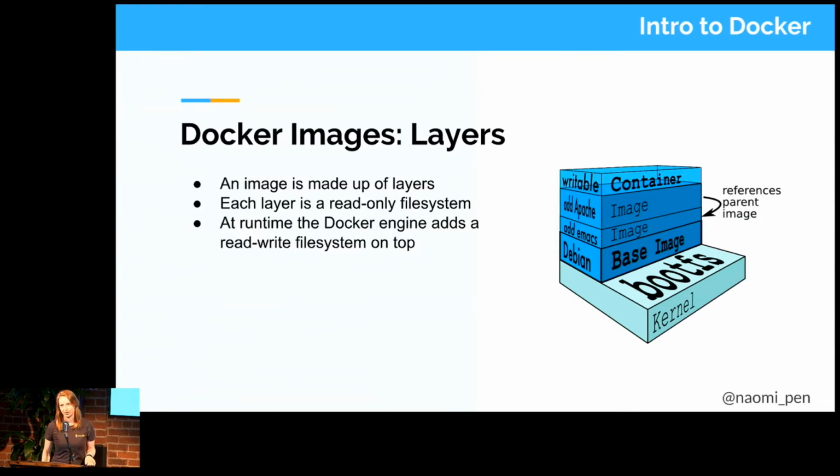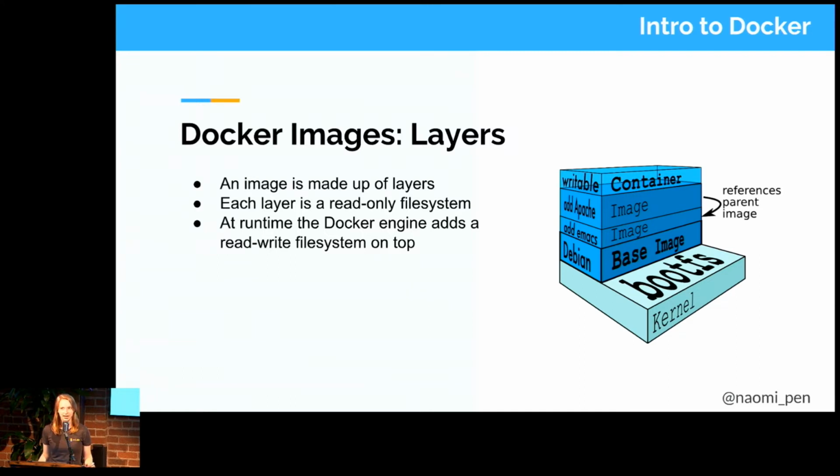Going a bit deeper into Docker images, a Docker image consists of layers, and you'll hear this term a lot once you build your own images. A layer is essentially a read-only file system, and an image consists of multiple of these. If you look at the image to the right, it starts with a base image, that is, in this case, Debian. It could be any sort of very lightweight package of libraries.